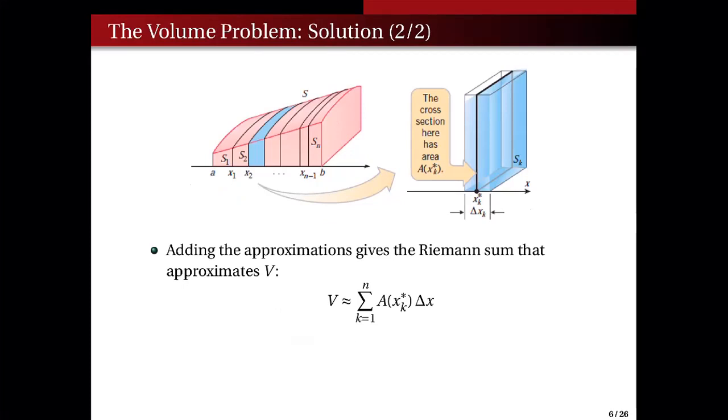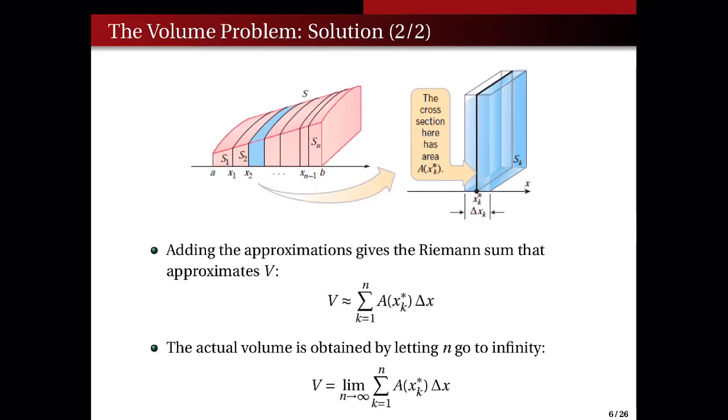And of course, if we let n go to infinity, we will have the actual volume, provided that the limit exists. Of course, if your area function is a continuous function, then the limit will exist.